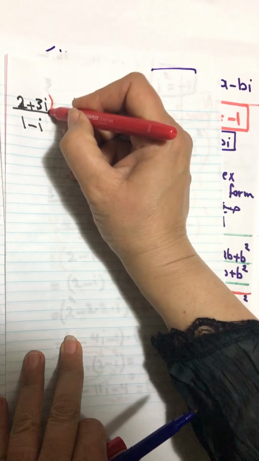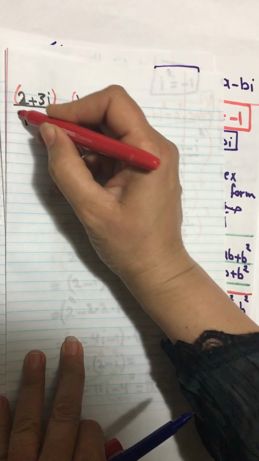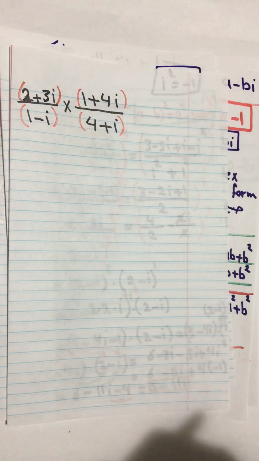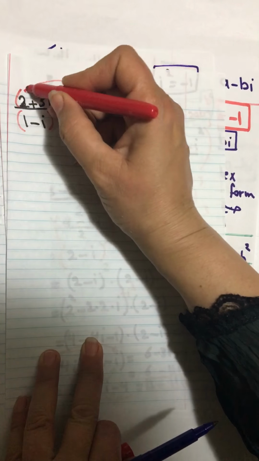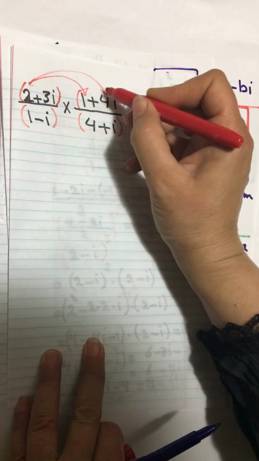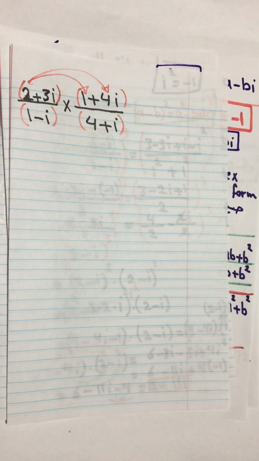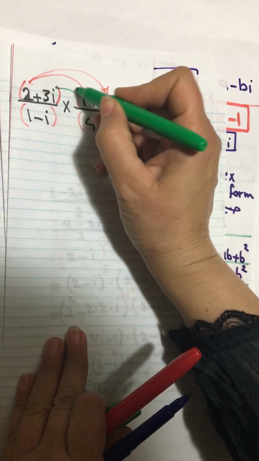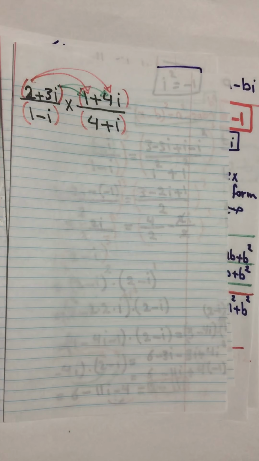So I'm going to use parentheses. Now I'm going to multiply 2 times these two terms, and I'm going to multiply 3i by these two terms.